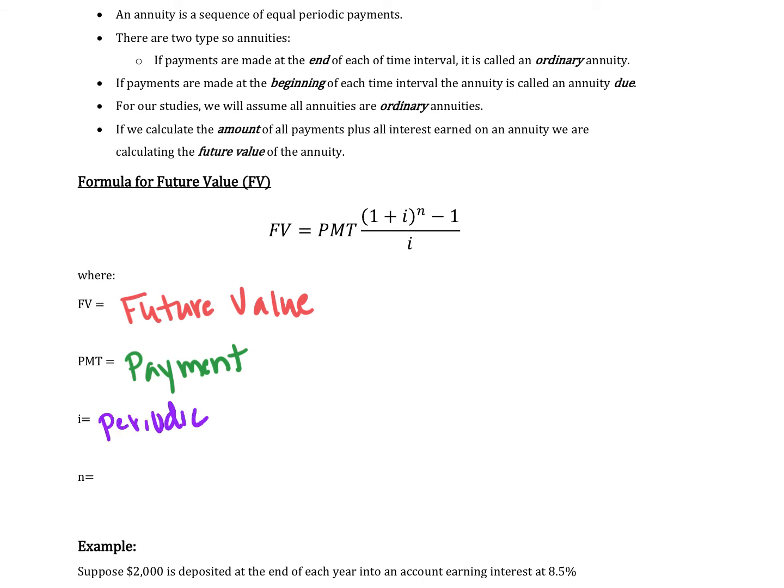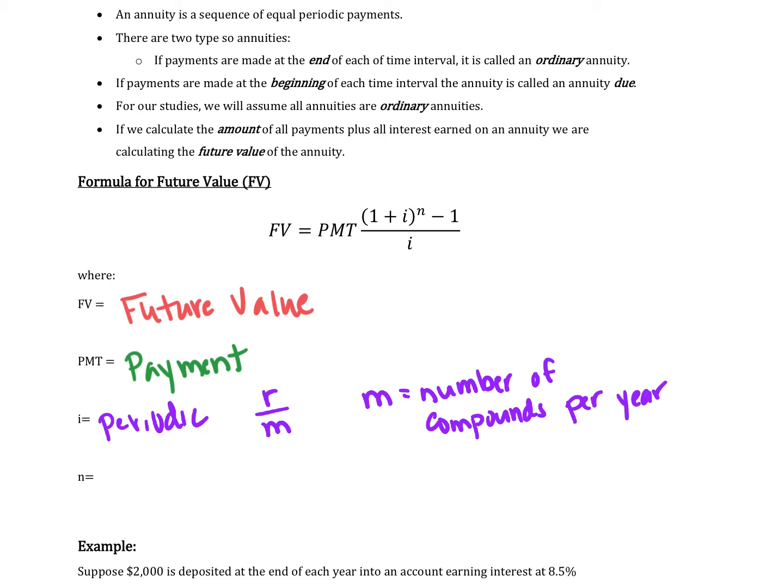This periodic rate we define as the interest rate, which we refer to as R, divided by the number of compounds, which we'll call M. M is equal to the number of compounds per year. If you're compounding quarterly, your M is 4. If you're compounding annually, your M is 1. If you're compounding daily, your M is 365. So that's the number of compounds you're doing there.